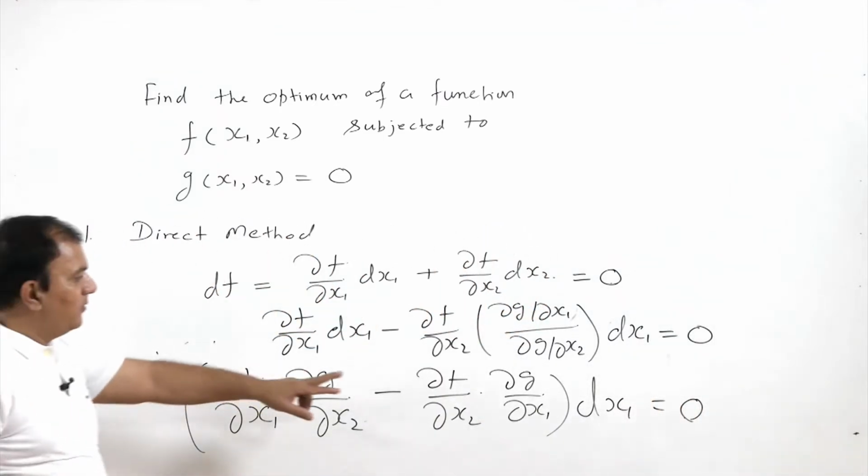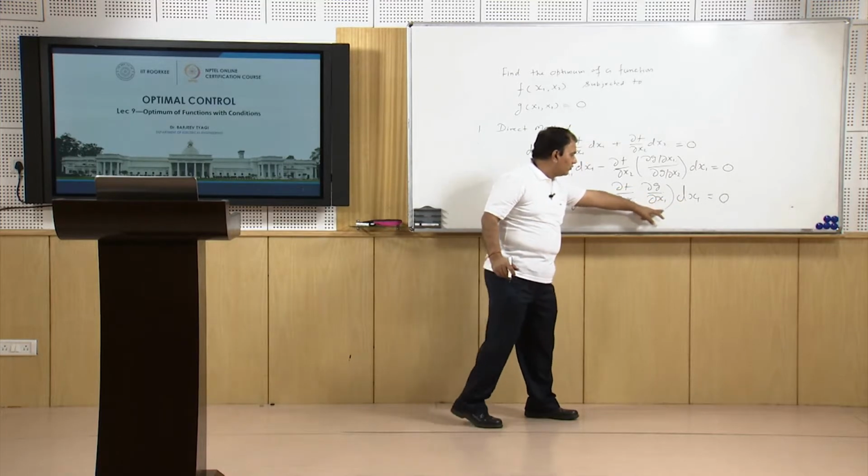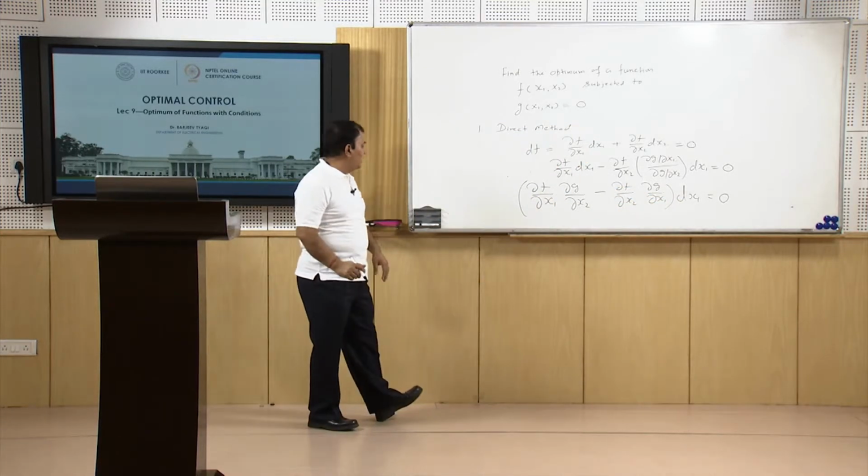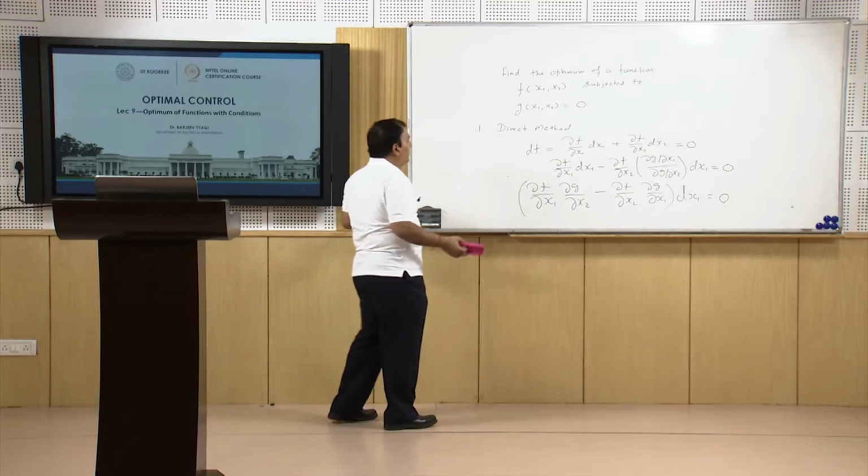So, now in this case my dx1 is arbitrary. So, the coefficient related to dx1 must be 0.